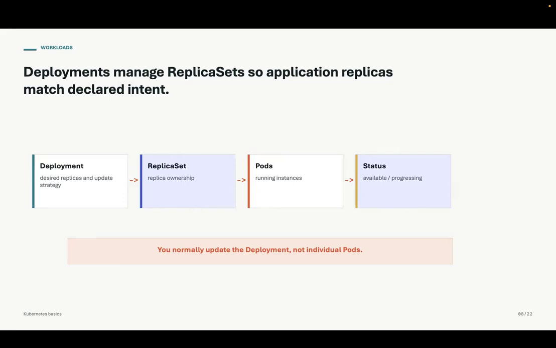We normally do not go and create the pods directly and then maintain them ourselves. Instead, a deployment resource will be created and you define what you want, for example, how many replicas you want, which image the pod should be using, and what the update strategy is, including the health checks, etc.